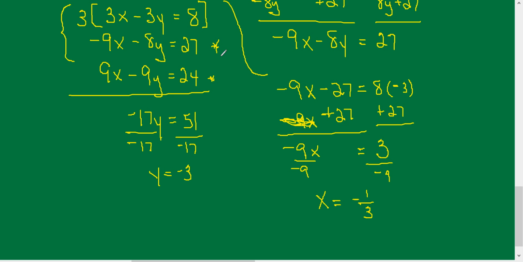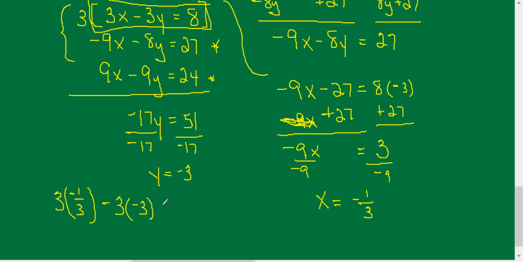Okay, so if I plug these into these equations, it should work. So now I'll plug them both into this one. This was one of the original here, right? So it would be what? 3 times negative 1 over 3, because that's what x is, minus 3 times negative 3. Good with that?